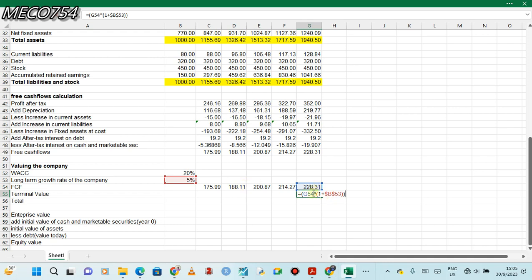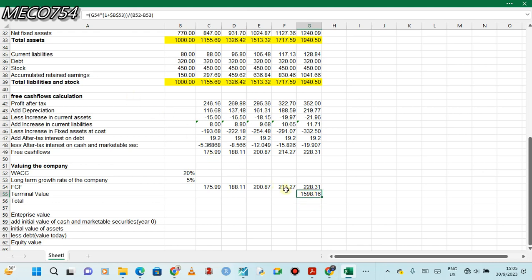Now we know that our cash flow is going to grow at that rate, but the denominator now is WACC minus g. I'm going to put another bracket for the denominator, which is our WACC minus our growth rate. Then we close it. There we go, 1598. So what did we do here?